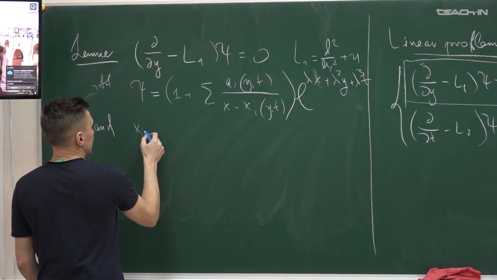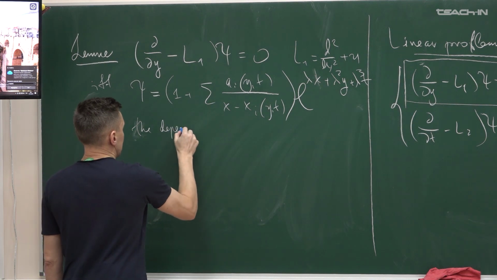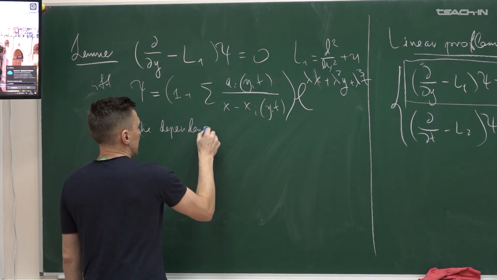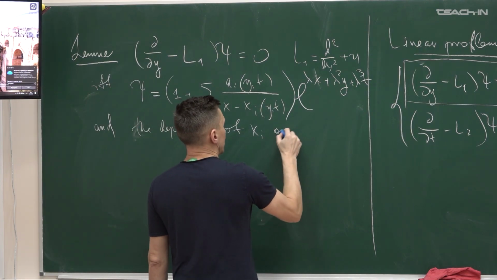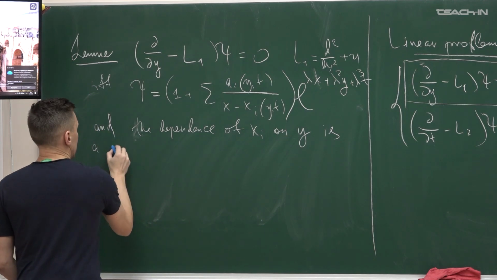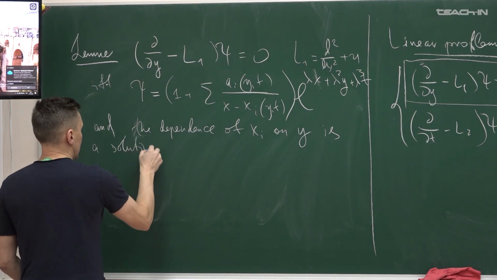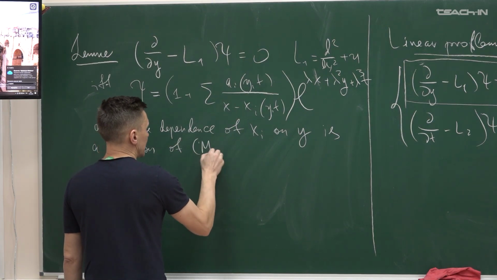And the dependence of xi on y is a solution of the Calogero-Moser system.